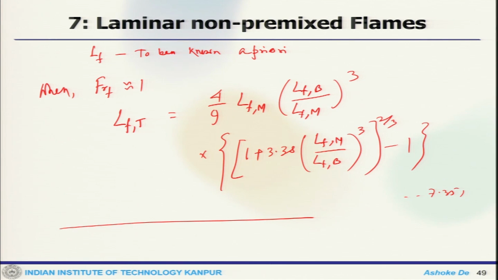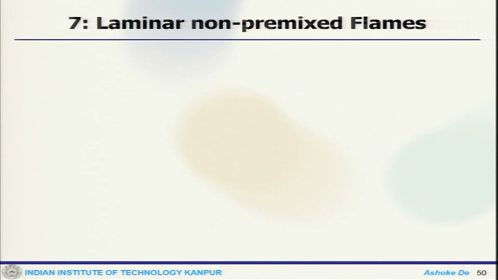Now these are pretty much about the jet diffusion flame. What happens in the diffusion flame is that you get soot, which is one of the problems in the jet diffusion flame. So why does that happen? There are some factors, like fuel type.